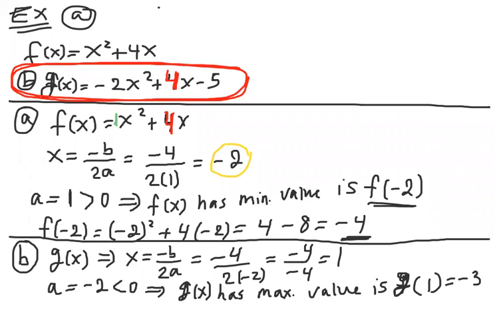So I plug the 1 inside the g of x, and it is equal to minus 3. So I'm working in the second one for g of x; the first one is for f of x.